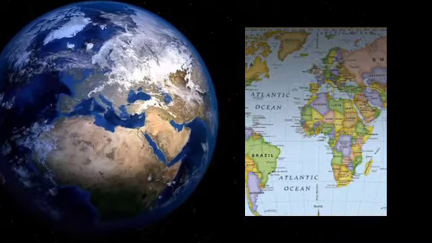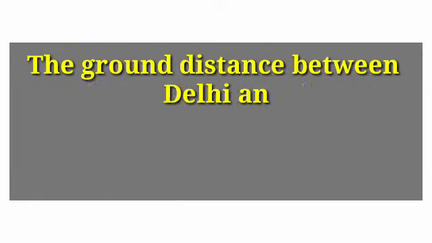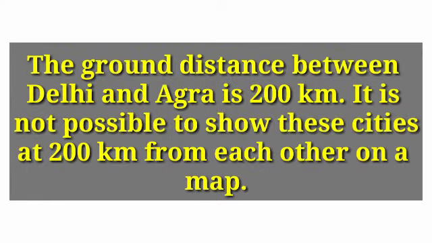Next is scale. It is not possible to show the actual size of the earth on a map because it is too large. Let us suppose that the ground distance between Delhi and Agra is 200 km. It is not possible to show these cities 200 km from each other on the map.